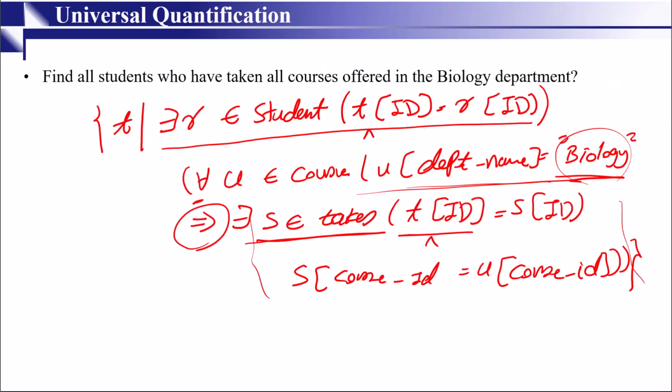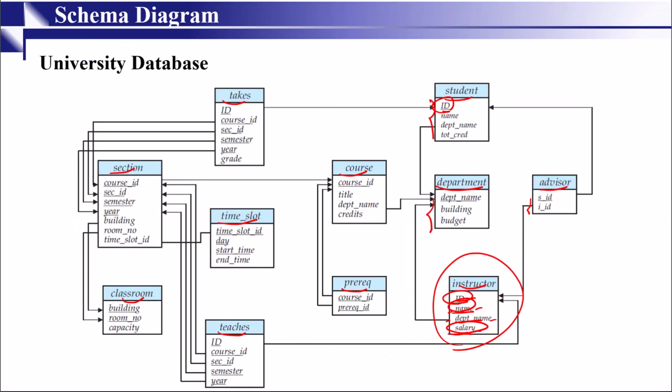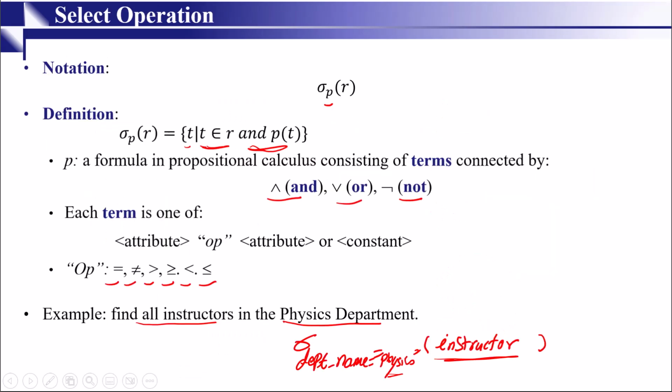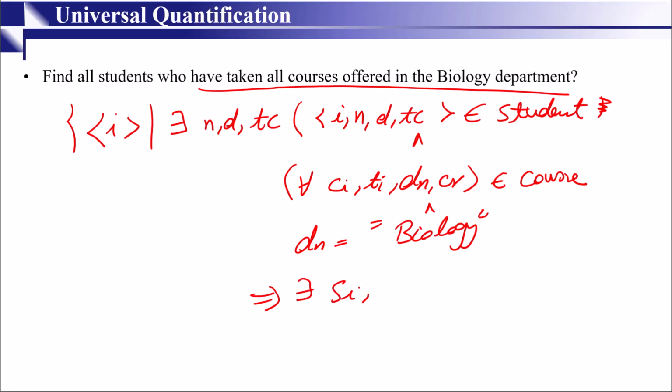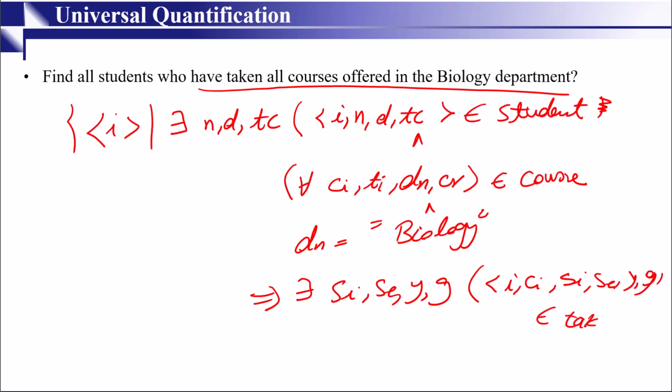So if we go back to our diagram, in courses here we have course ID, title, department name, and credit. CR in course, and DN, department name, is equal to biology. This implies that there exists SI, SE, Y, and G, then I, SI, SE, Y, and G in takes, right?